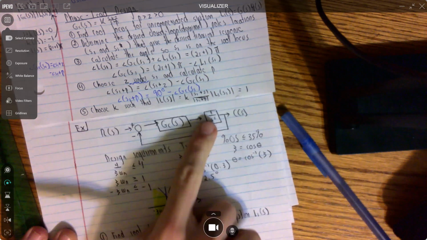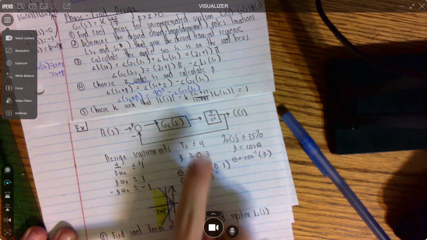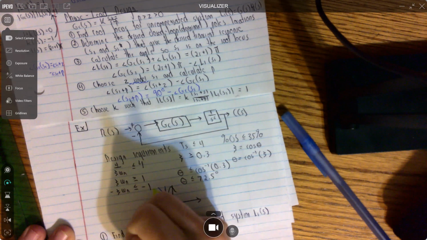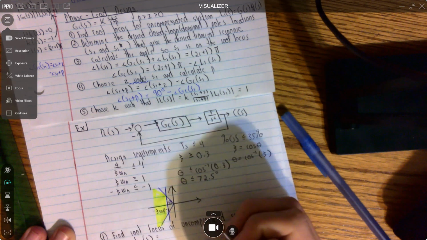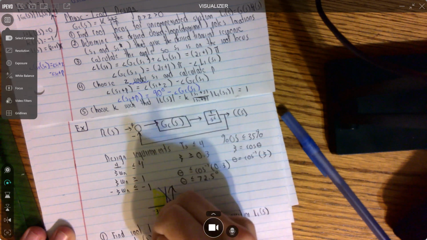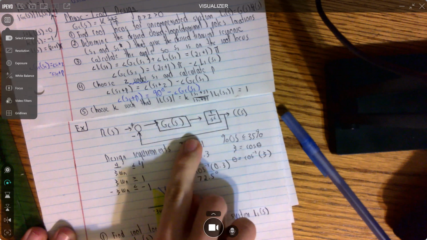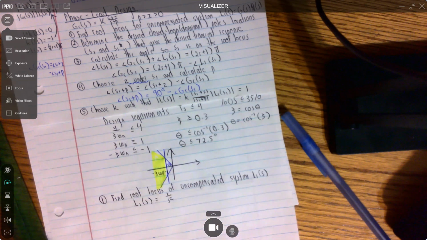So our uncompensated system without the GC of S for the open loop gain is just our L1 of S, which is literally equal to 1 over S squared, correct? There's no other feedback term, and we don't include the compensator in this open loop gain. And so we need to find the root locus of this. So let's go to MATLAB.